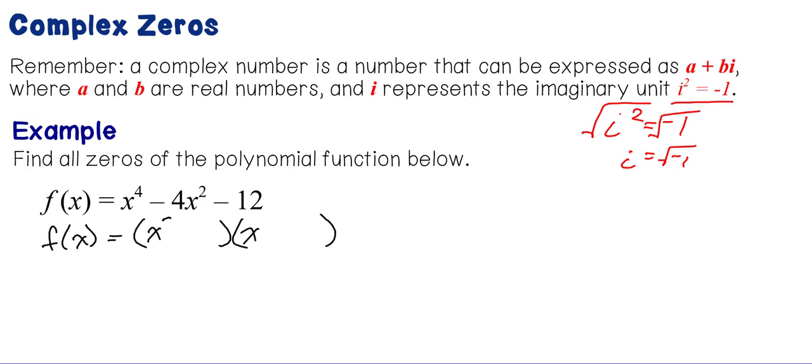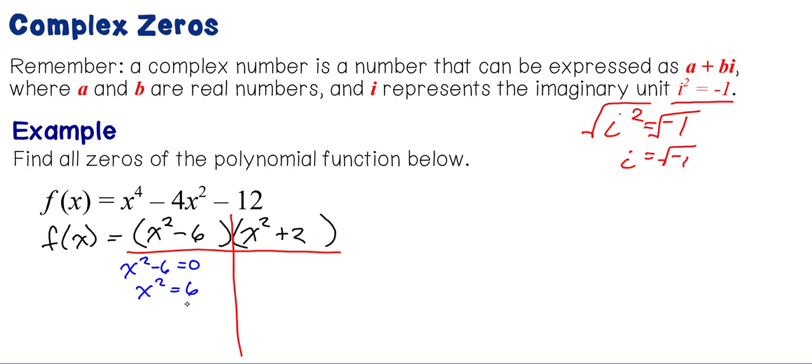It's going to be x squared because this is to the fourth power and the middle one is squared. It's going to become x squared minus 6 times x squared plus 2. So from here, to find the real zeros we can say x squared minus 6 equals 0. Move 6 over, and we have x squared equals 6.